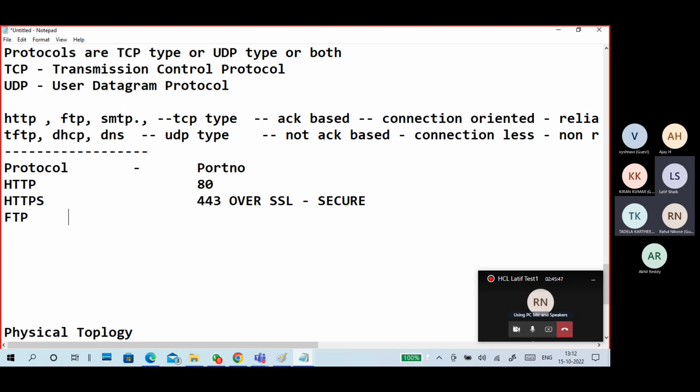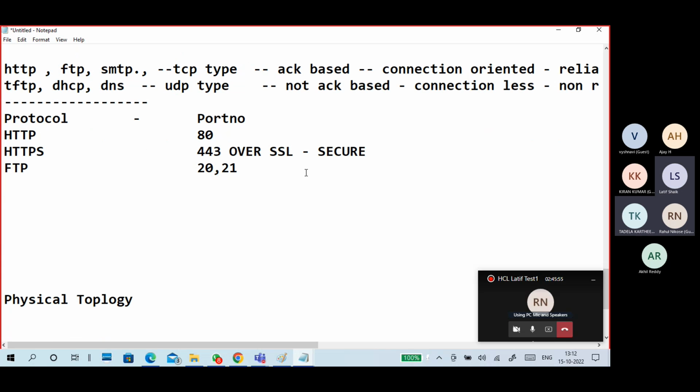FTP, file transfer protocol. Same as like this, we have SFTP, secure FTP, and VSFTP, very secure FTP, for security purpose.